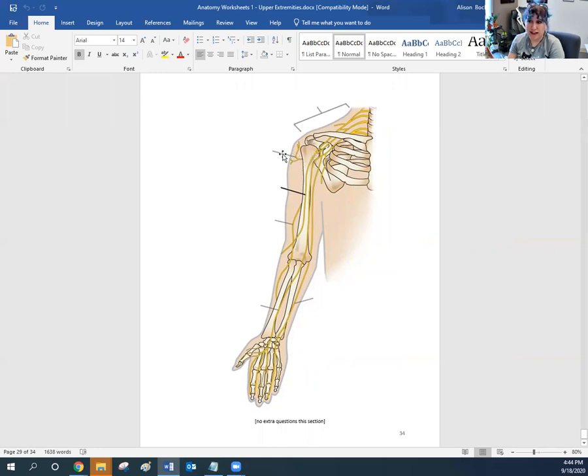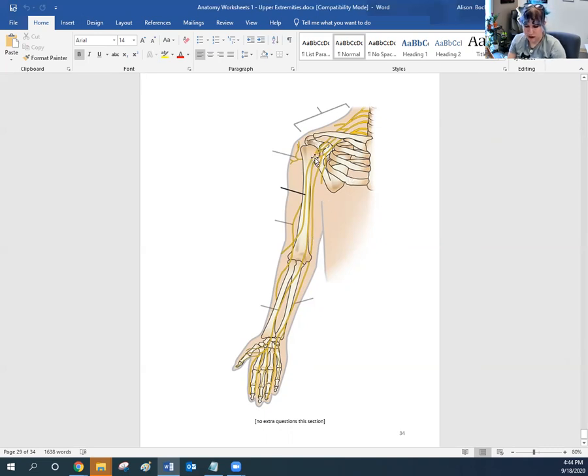Coming out directly in that axillary region, we have our axillary nerve. What's the function of the axillary nerve? Well, what muscle would be located right here in the ball of the shoulder? The deltoid muscle. So this innervates the deltoid muscle as well as the skin and the joint capsule of the shoulder. So it's going to give you some of that axillary or shoulder innervation.